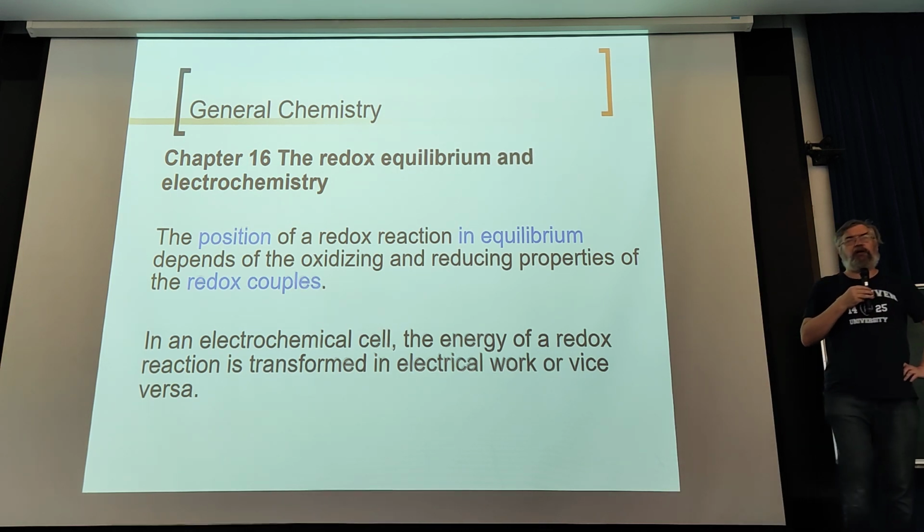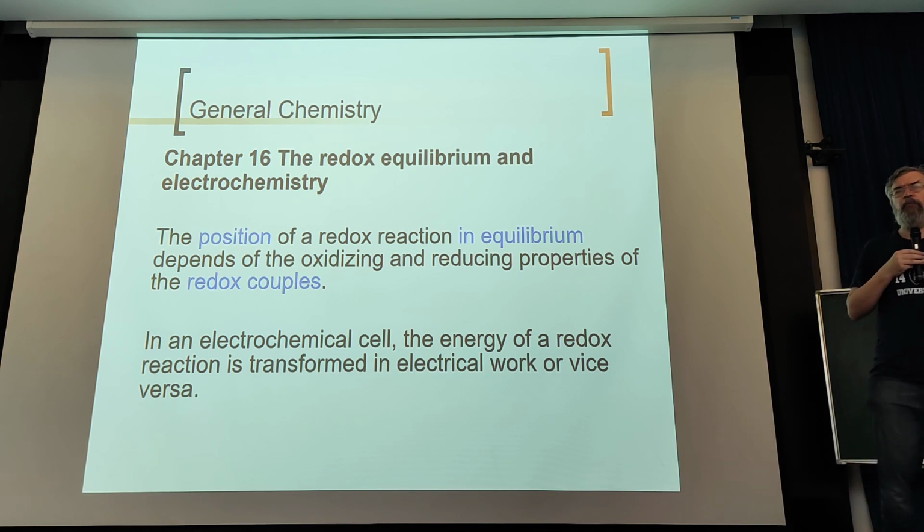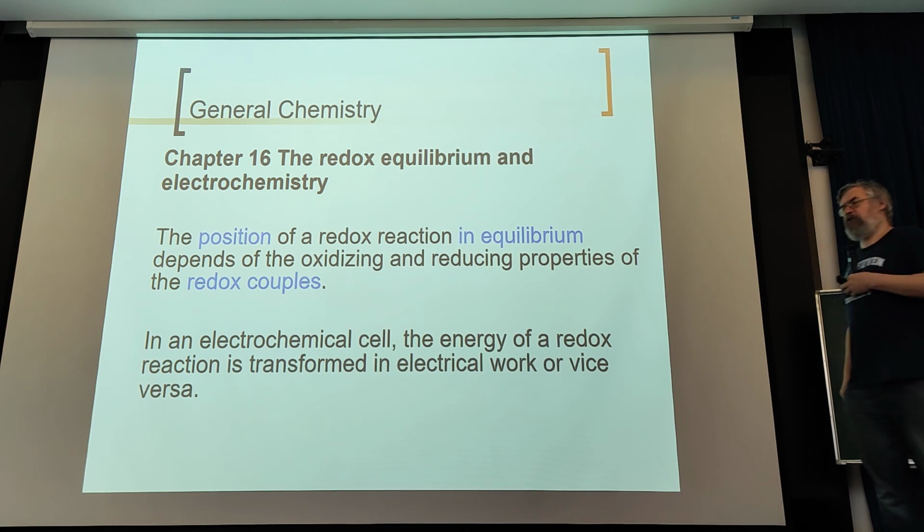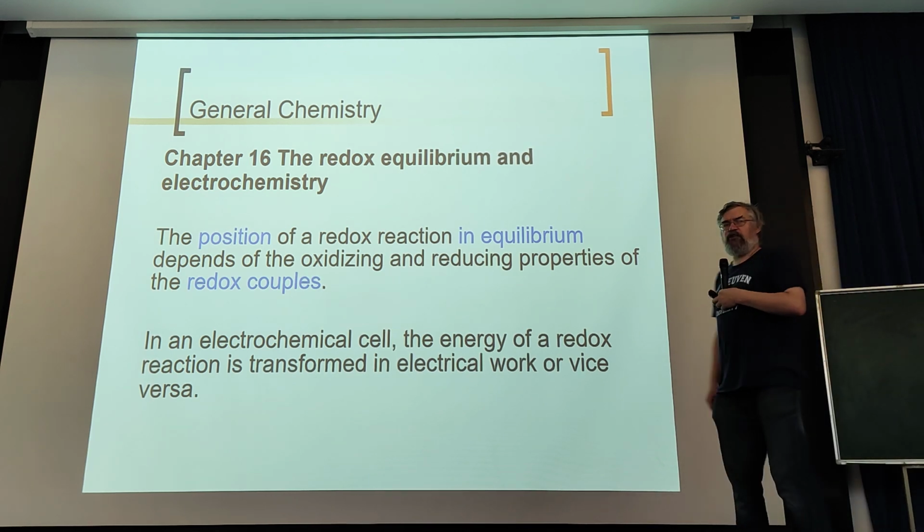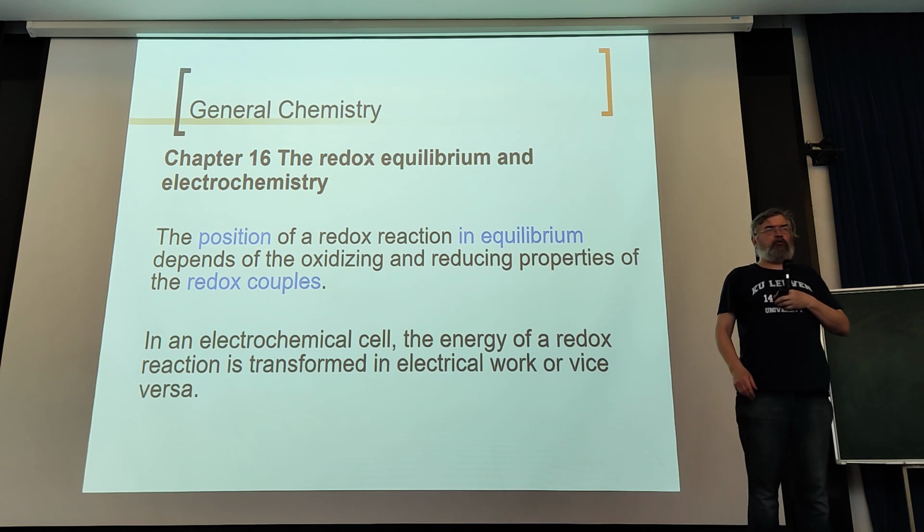couples. And I think this is maybe something you know from earlier courses of chemistry, that any redox reaction is always consisting of two redox couples, because in fact an oxidized form reacts with a reduced form, producing a new oxidized form and a new reduced form.